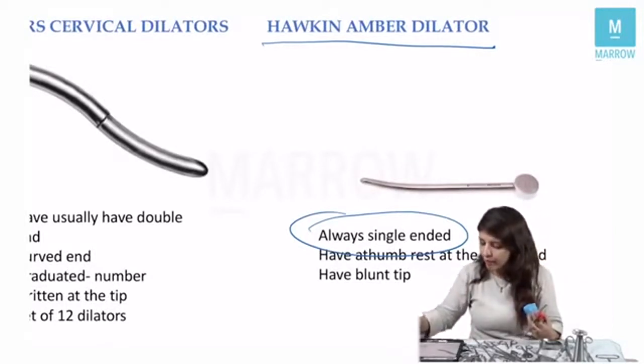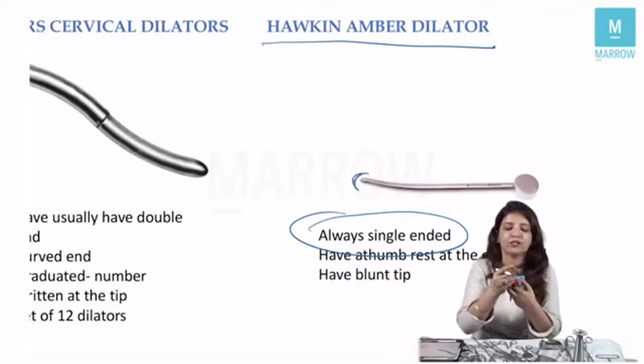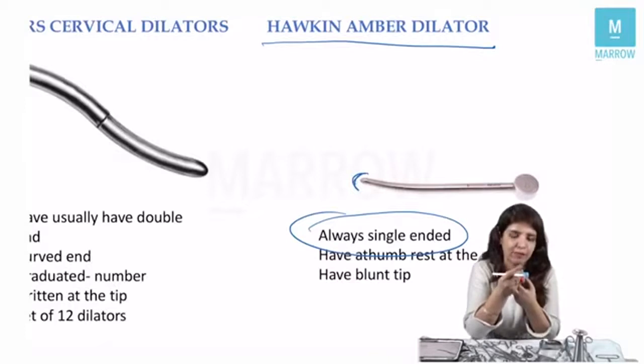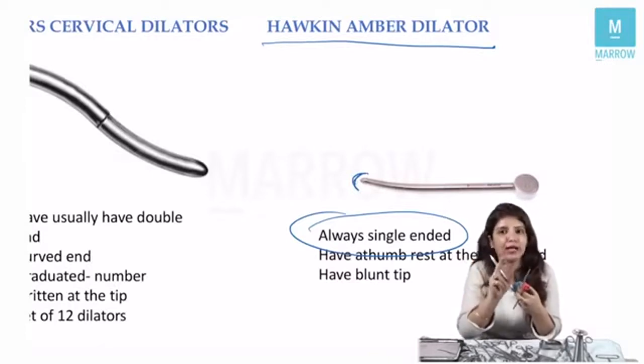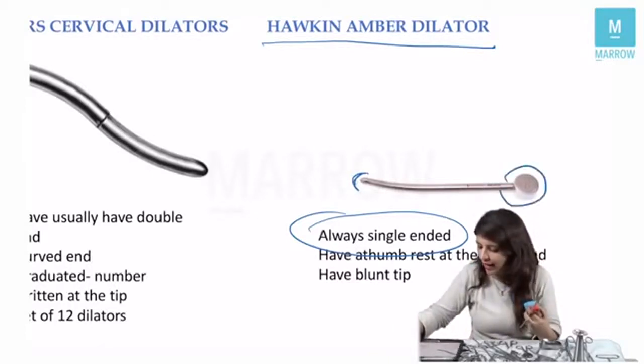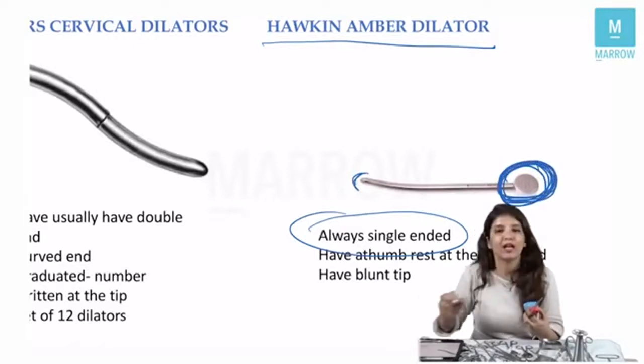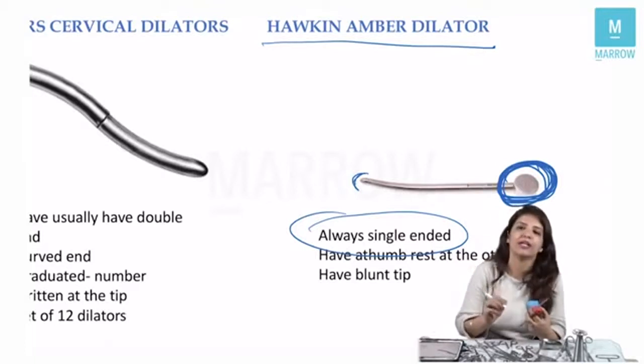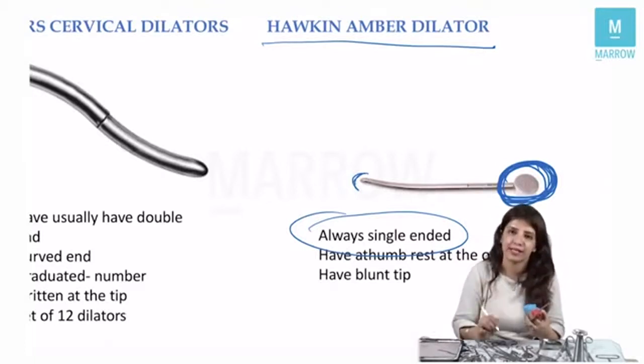A Hawkin-Ambler dilator will have a blunt tip. See over here, it's round, but a little pointed. They will have a blunt tip and they will have a thumb rest. Right? So you will have a thumb rest, which you won't have in the case of Hegar's dilator.